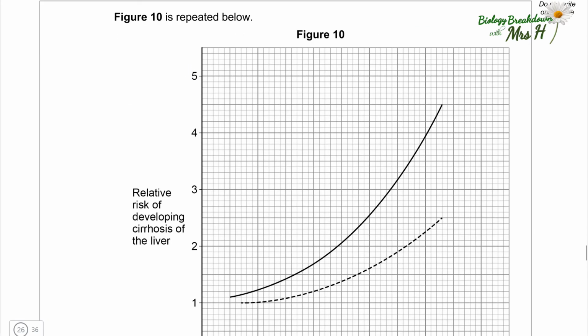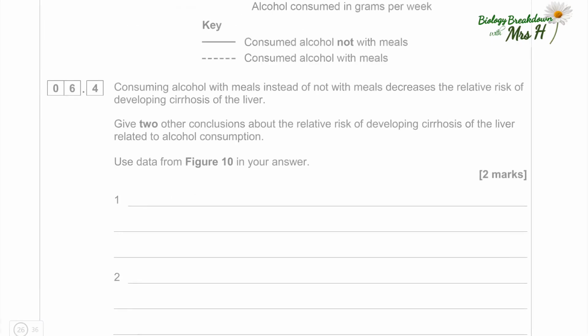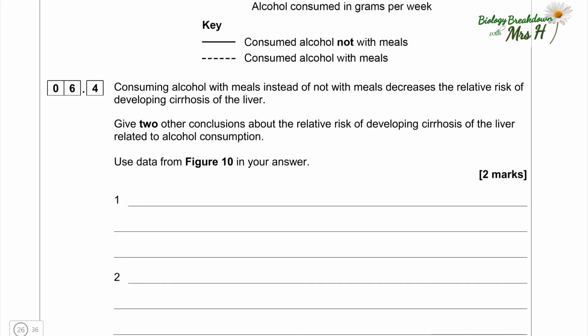Figure 10 is repeated below, so same graph. Consuming alcohol with meals instead of not with meals decreases the relative risk of developing cirrhosis of the liver. Give 2 other conclusions about the relative risk of developing cirrhosis of the liver related to alcohol consumption.